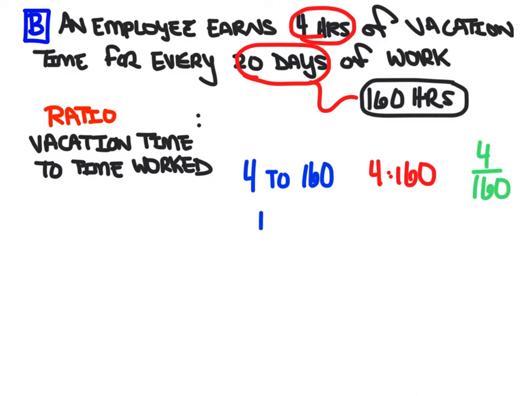So this is really 1 to 40 if we divide both by 4, and I can express both of the other ones as well. The ratio of vacation time earned to time worked. And your final one here is 1 over 40. So what this ratio tells us in the end is that for every 40 hours that I work, the units are hours, I get 1 hour of vacation time. All right?